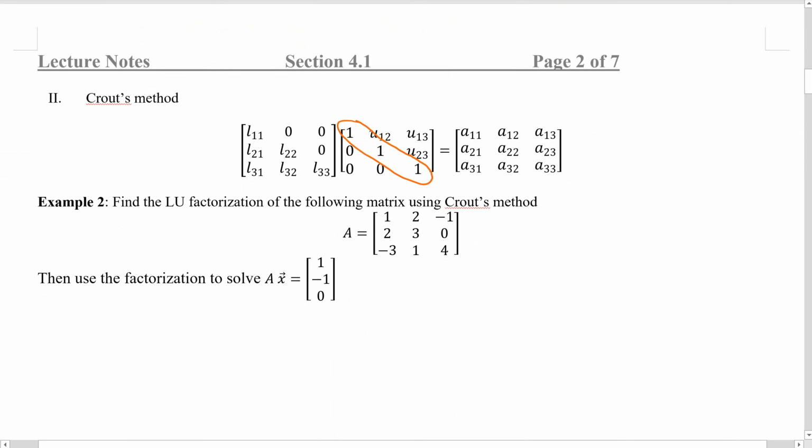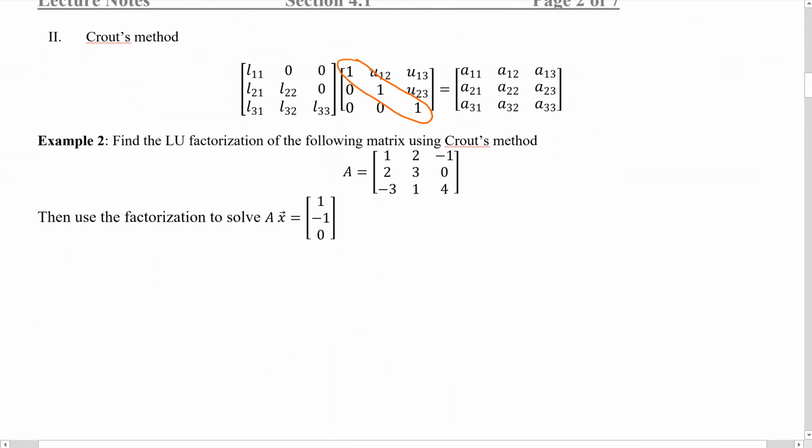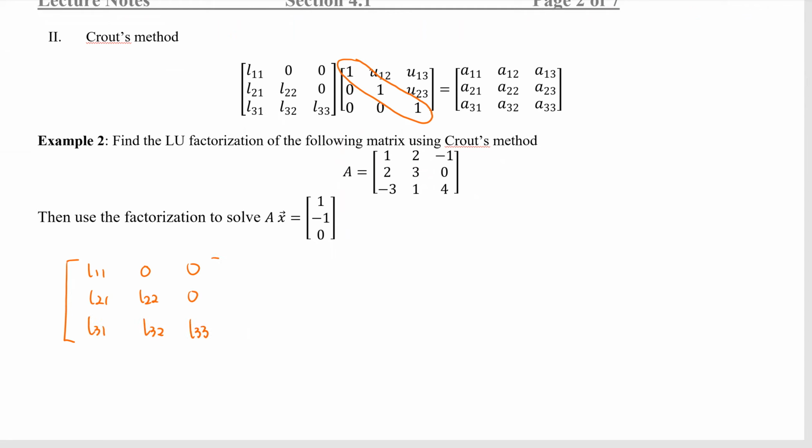And the methods are very similar. So we first set it up like L11, 0, 0, L21, L22, 0, L31, L32, L33. Okay?